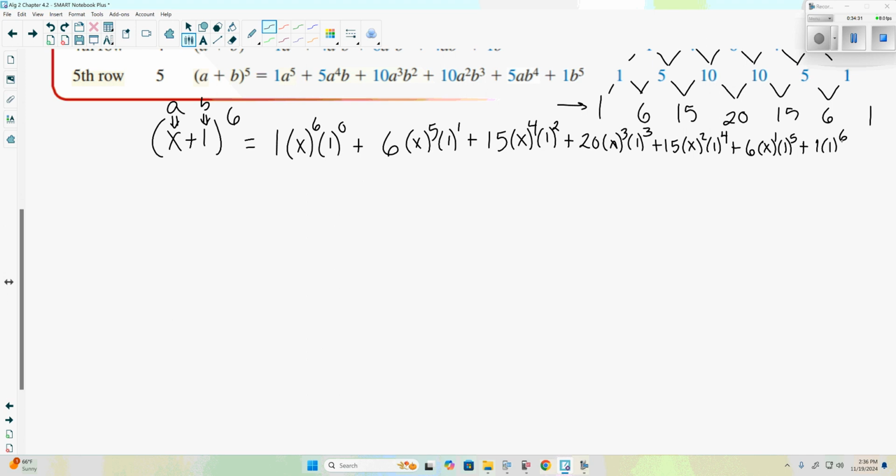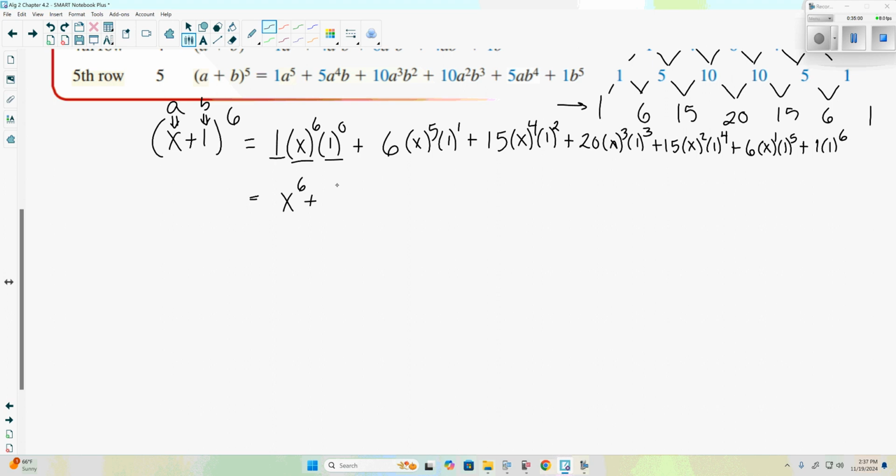really, there's not a whole lot to this. This is above and beyond. Because A is going to start out to the 6th power and go from the 6th to the 5th to the 4th to the 3rd to the 2nd to the 1st, and then it's gone. B goes from 0, 1, 2, 3, 4, 5, 6. Well, x to the 6 is, because both of these just become 1, so it's x to the 6.